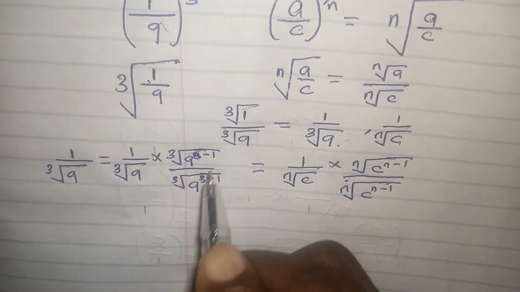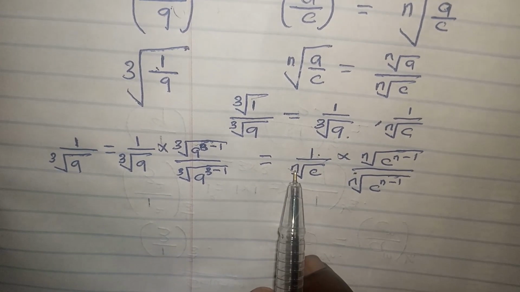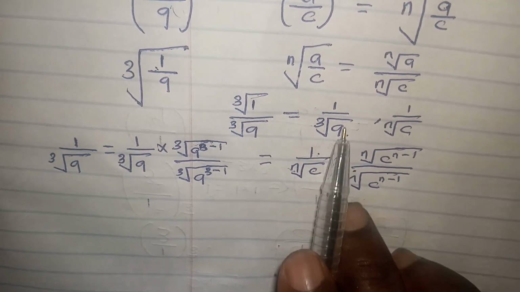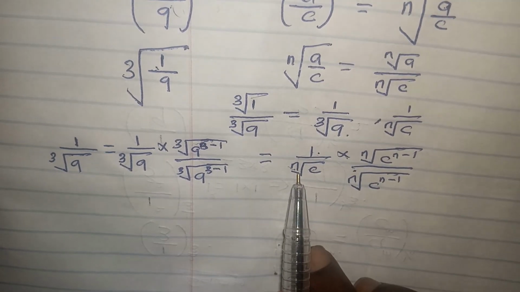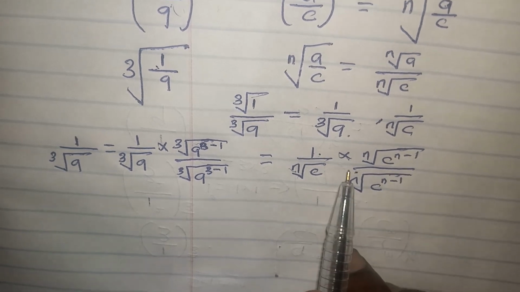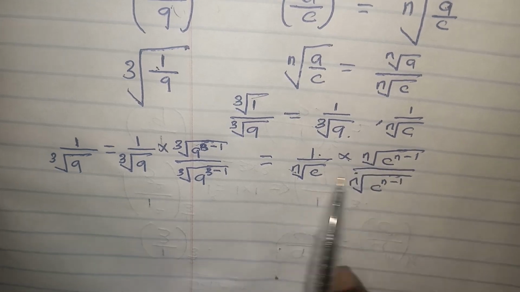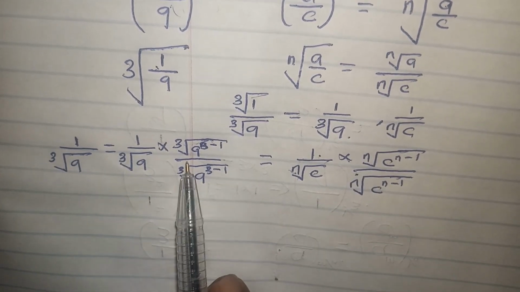So this is what we are now having from this rule, which says 1 over the nth root of c is also equal to 1 over the nth root of c times the nth root of c to the power of n minus 1, over the nth root of c to the power of n minus 1. This rule is what we actually applied here.